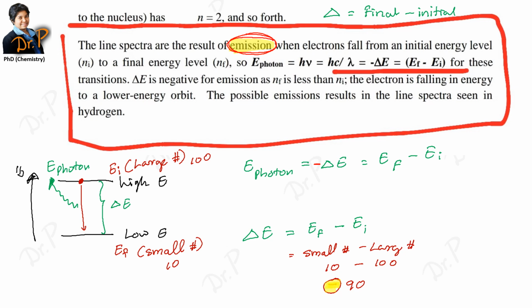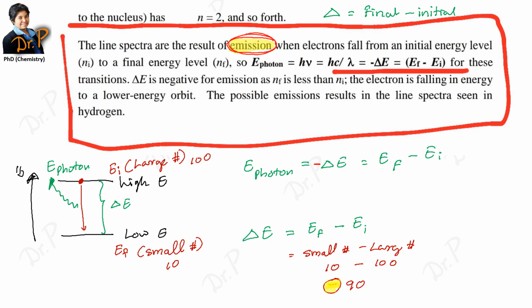You can write it like this, or if you want, you can write it like this, where you put the negative sign on the other side. So either way, they work.